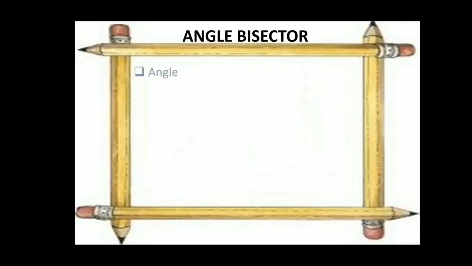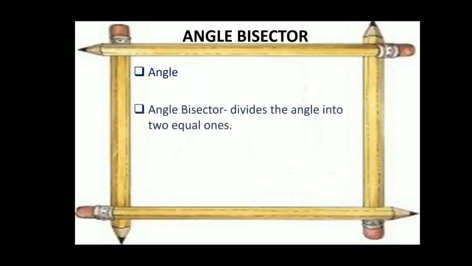So you know what is an angle? It is a combination of 2 lines, and the angle will be formed at the corner of the 2 lines, which have the same starting point. So angle bisector divides the angle into 2 equal ones.